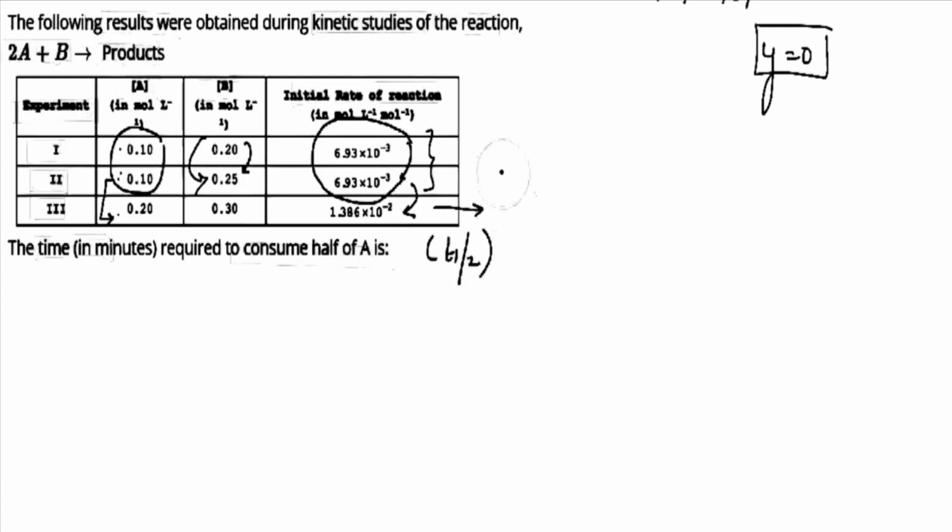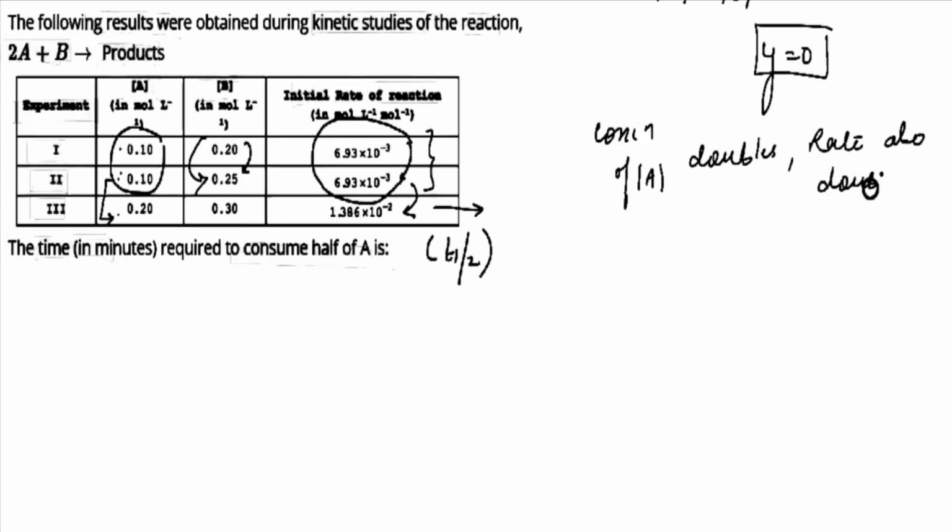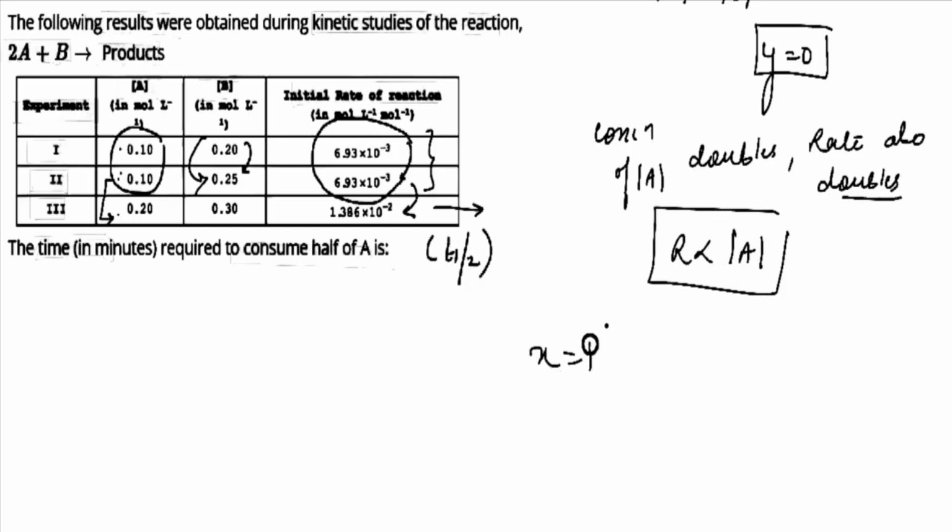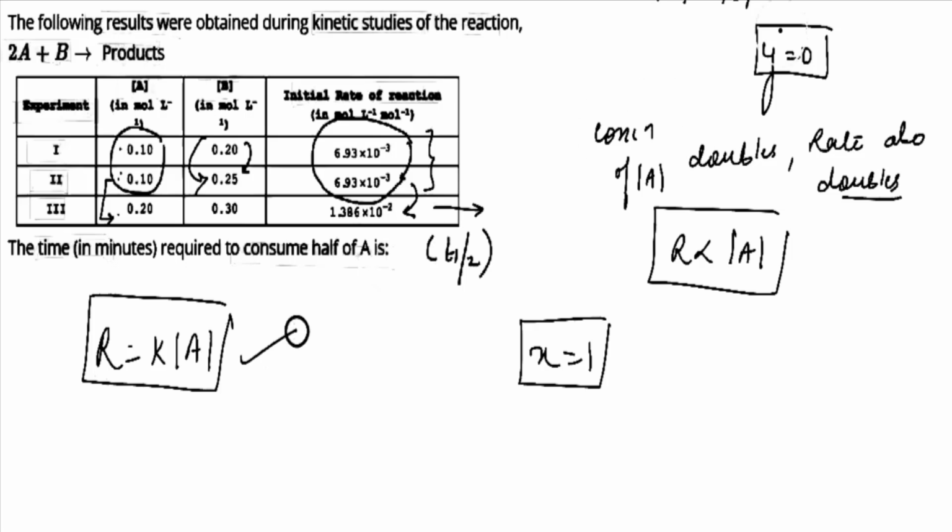It means that when the concentration of A doubles, the rate also doubles, which implies that the rate is directly proportional to the concentration of A. It means that it is first order with respect to A. So from here we have that X is equal to 1. So the rate law becomes K into concentration of A only. It does not depend upon the concentration of B. So this is very clear from the table itself.